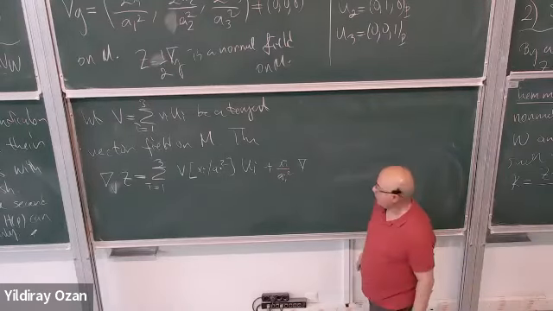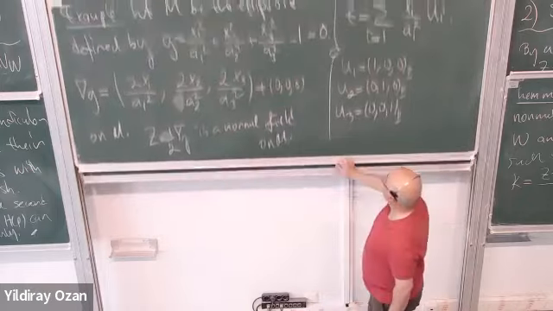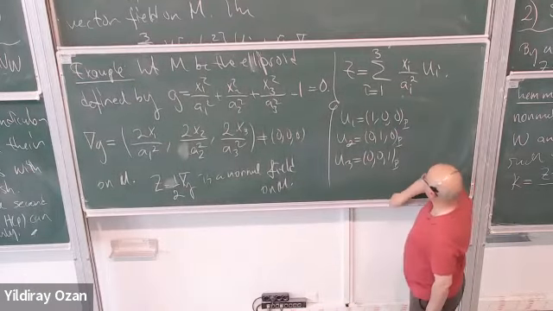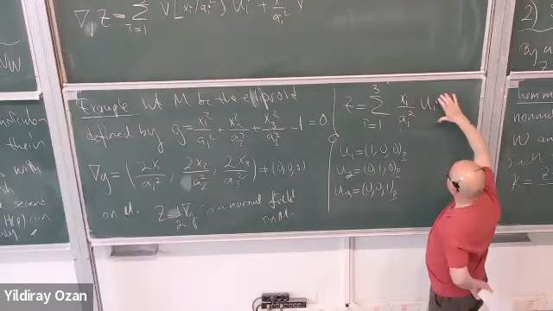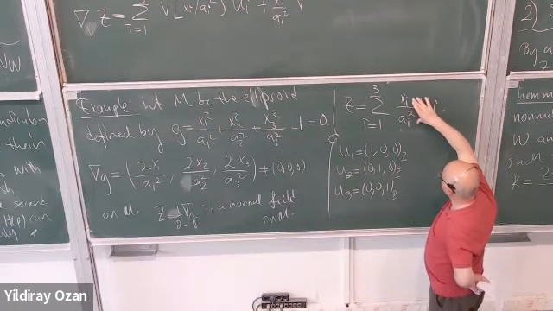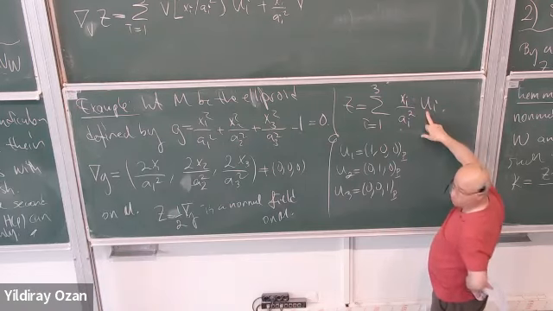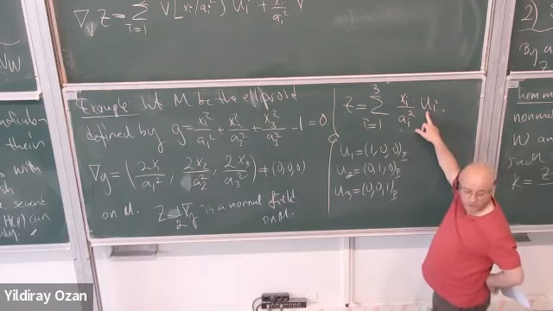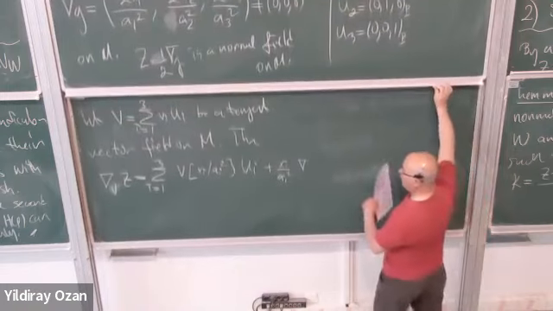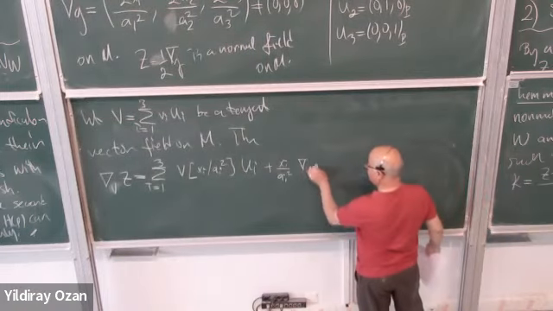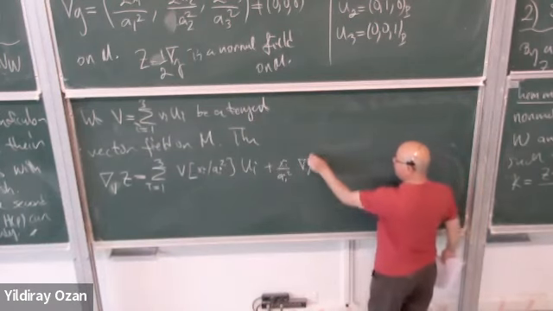Okay, so Z is this expression, right? When you take the covariant derivative, you take the derivative of this times ui plus this guy times the derivative of this. But this is a constant vector field, so its covariant derivative is 0.